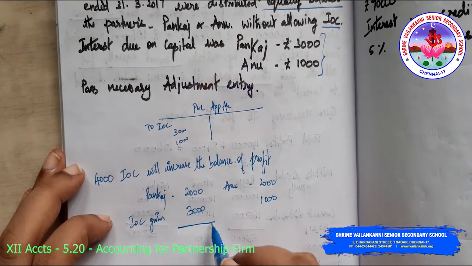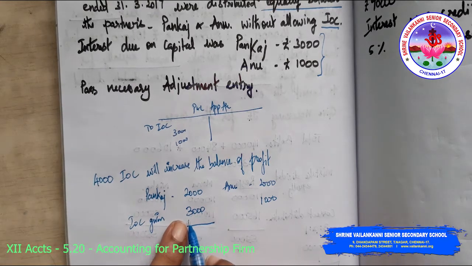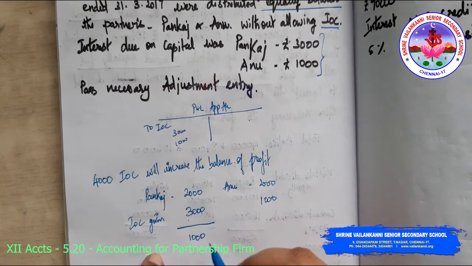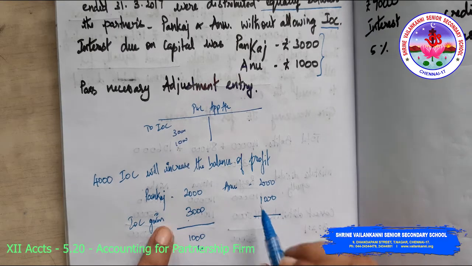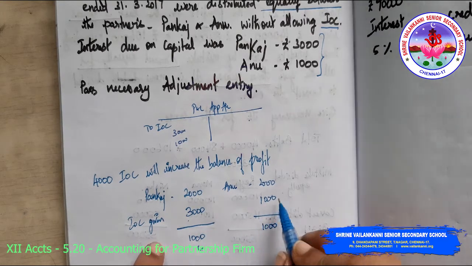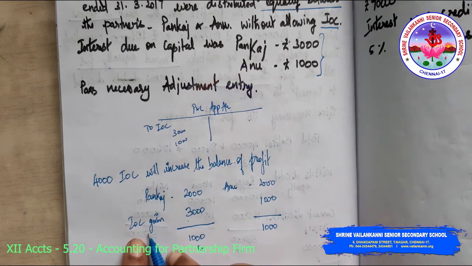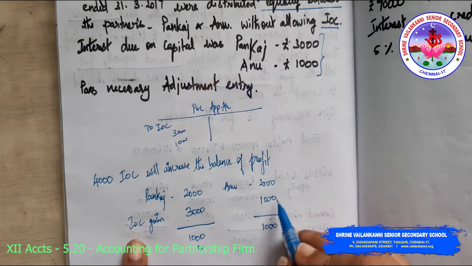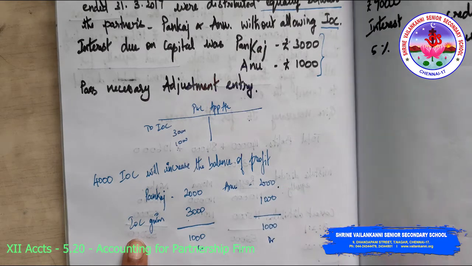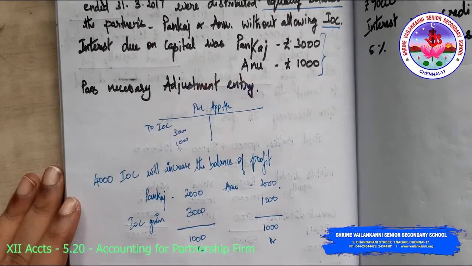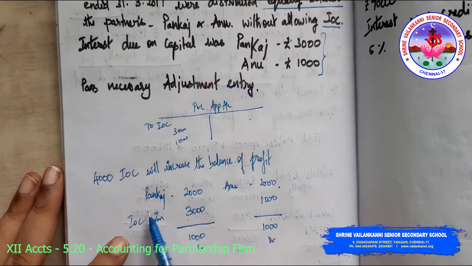Now interest on capital, Pankaj has to get 1000 rupees credited more. Anu should get only 1000 rupees as interest on capital, but profit has by mistake increased to 2000, so it is to be debited. So see, look into this.